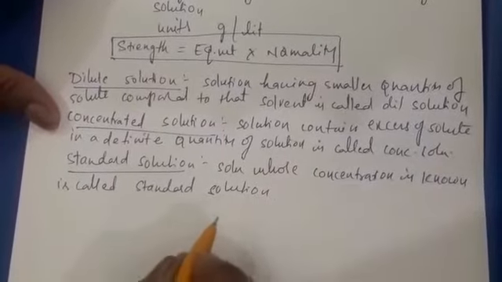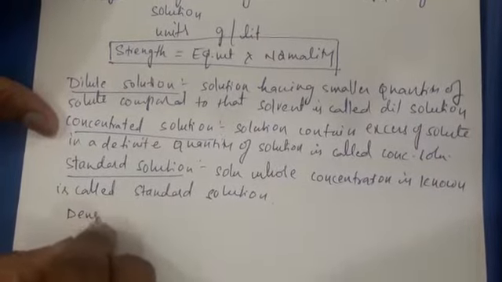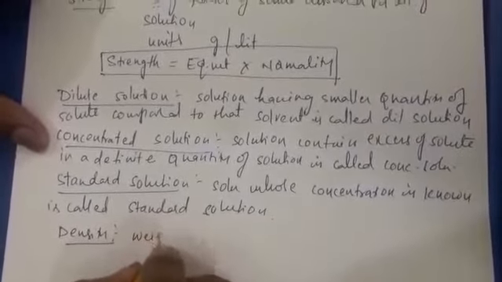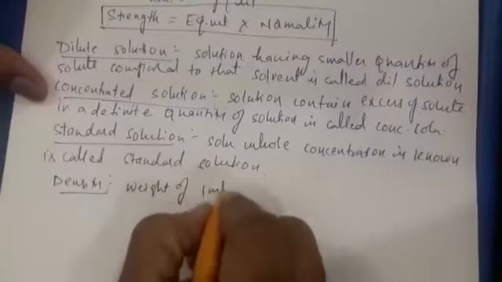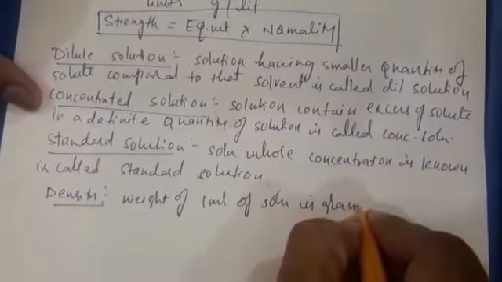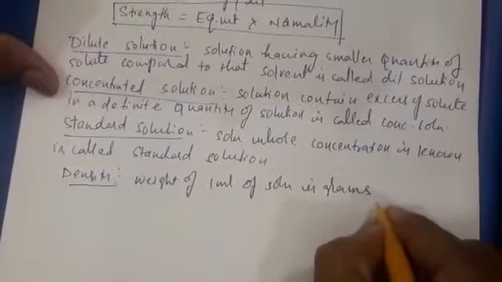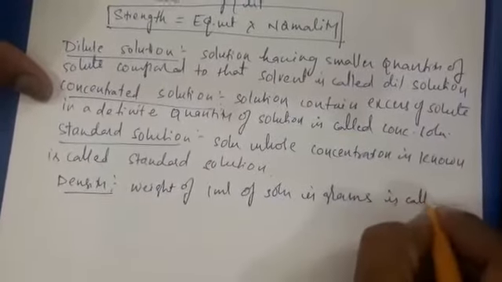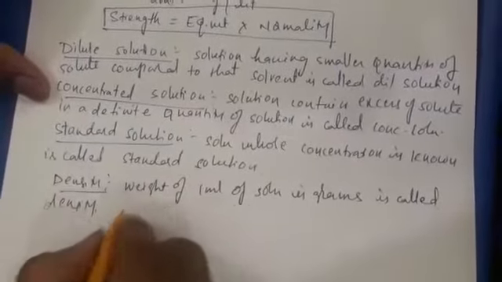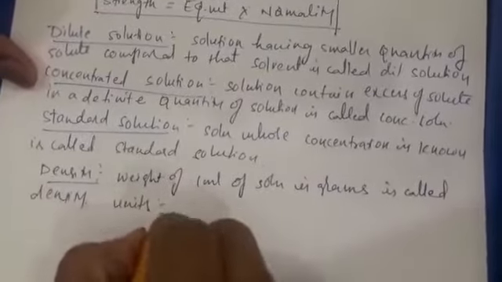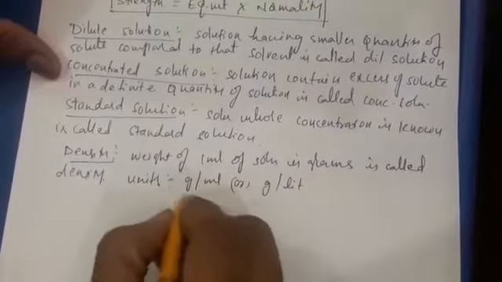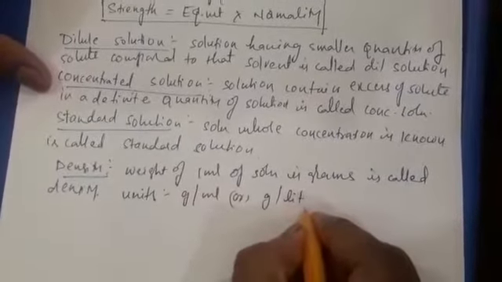The units of density can be expressed in grams per ml or grams per liter.